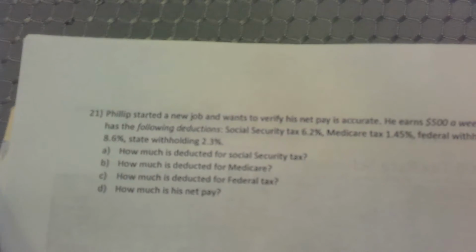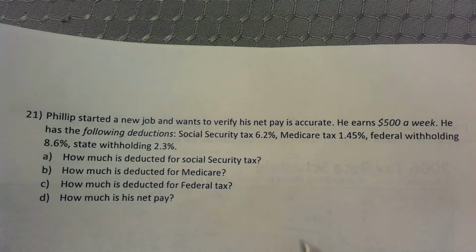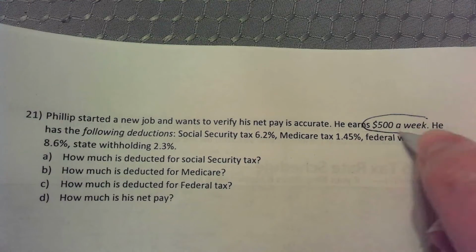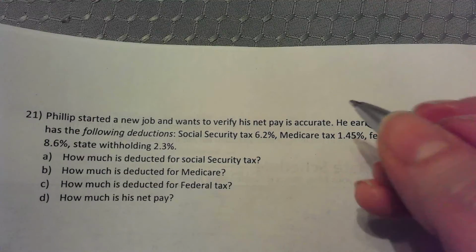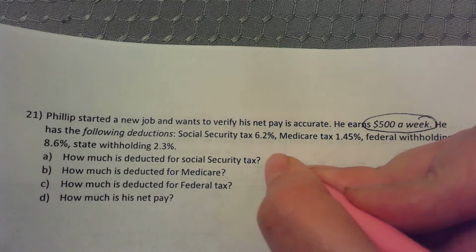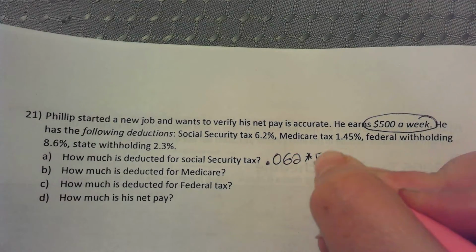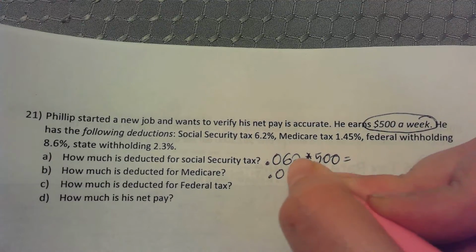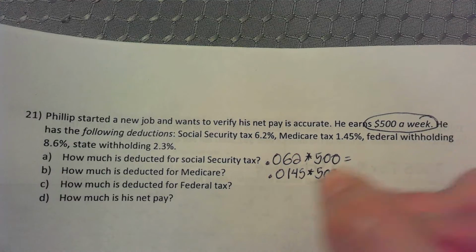Okay, so this one is a similar thing. Philip wants to verify his paycheck. It just gives us that he earns $500 a week. He has the following deductions. So remember, it's going to be 0.062 times 500, 0.0145 times 500.